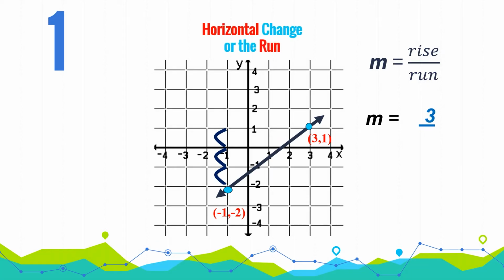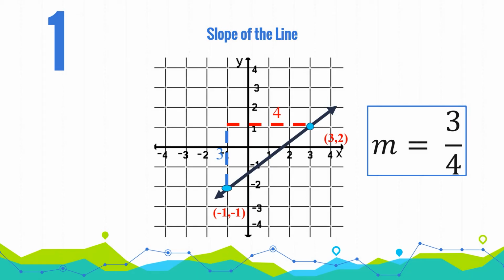To solve for the horizontal change or the run, we have to end up counting up to the second point, which is at 3, 1. So starting with 1, 2, 3, 4. We have 4 units from left to right. Therefore, the value of run is 4. Therefore, the slope of this line is 3/4.